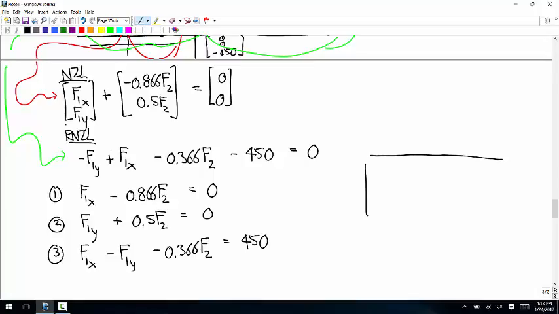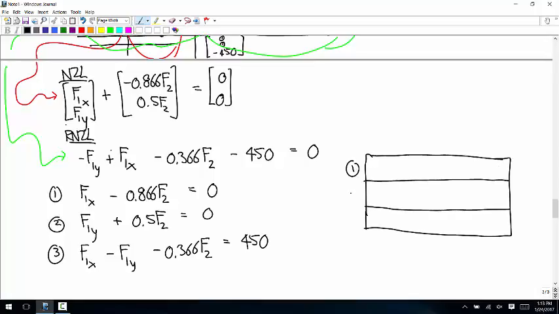And I'm going to write this as a matrix and solve it with reduced row echelon form. There's equation 1, 2, 3. And the columns represent F1x, F1y, F2, and the constant. The first equation says F1x, we have one of those. F2, we have negative 0.866 of those.